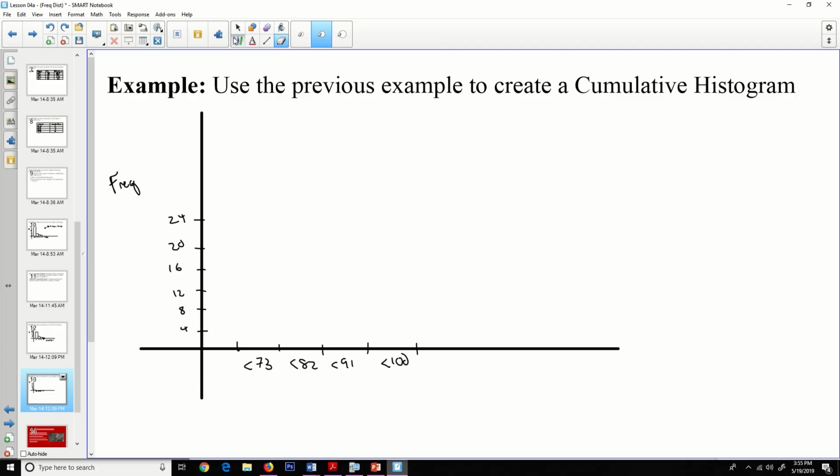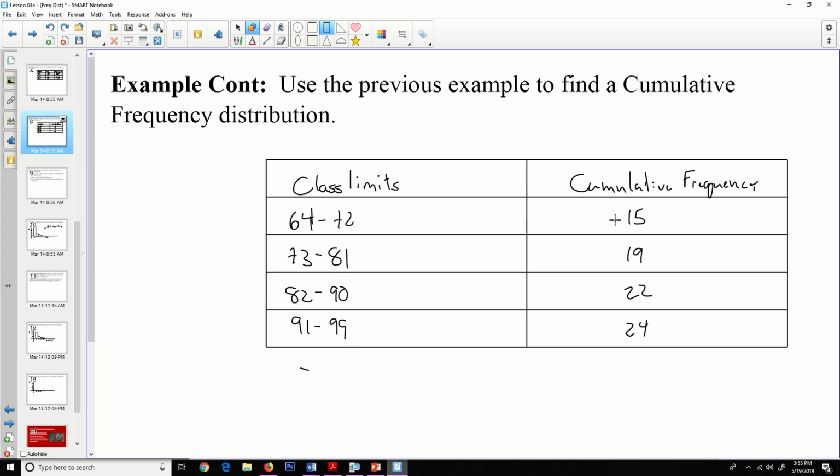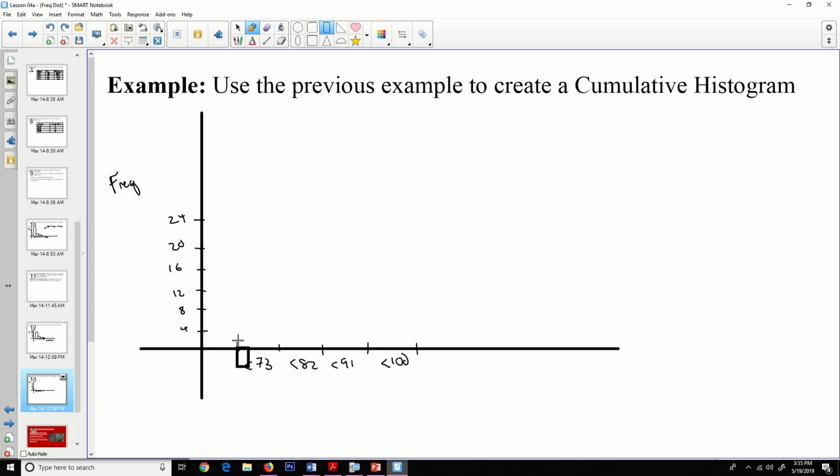And so this first one, if I review my cumulative frequency distribution, I have 15, 19, 22, and 24. So if I come down here, the first one, 15 should be just below 16. The next one was 19, so just a little bit below 20.